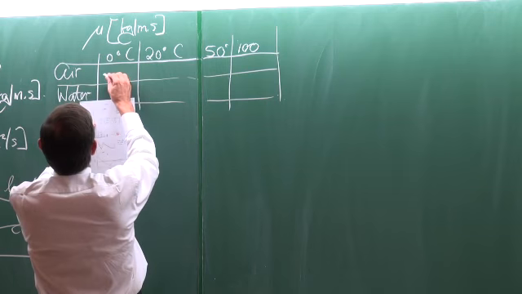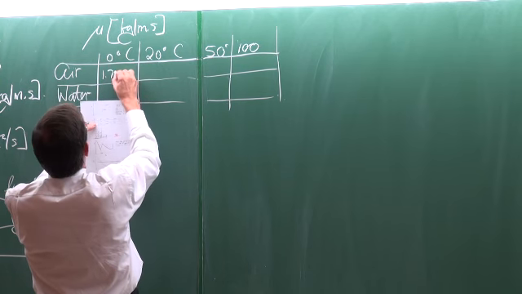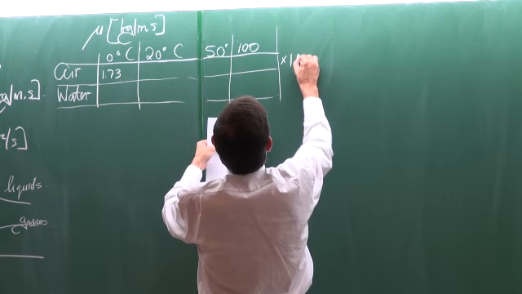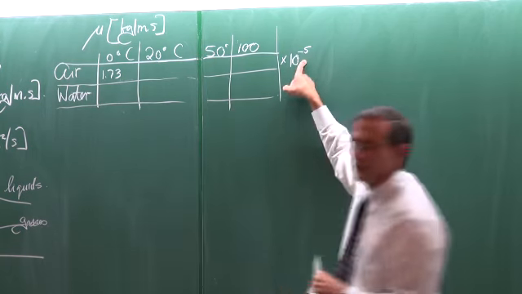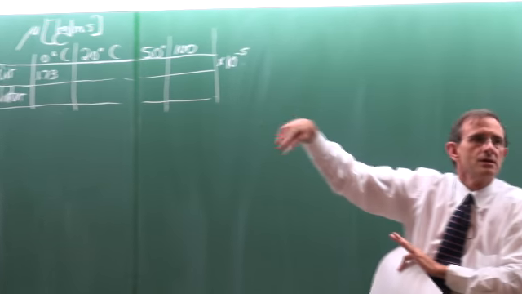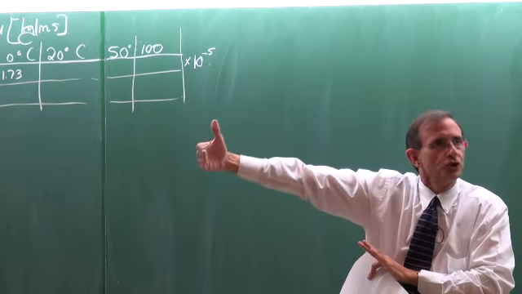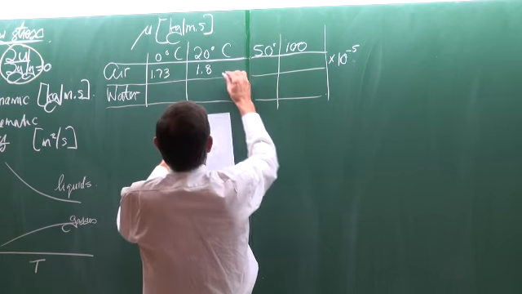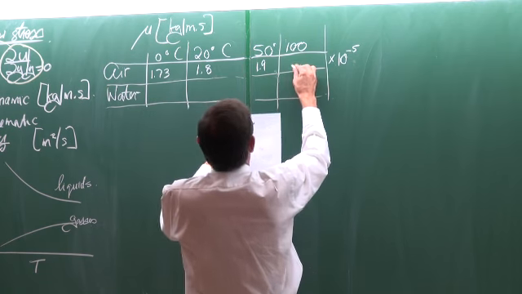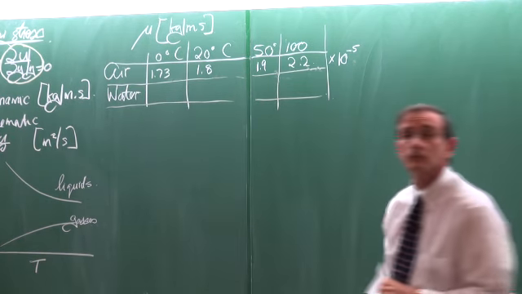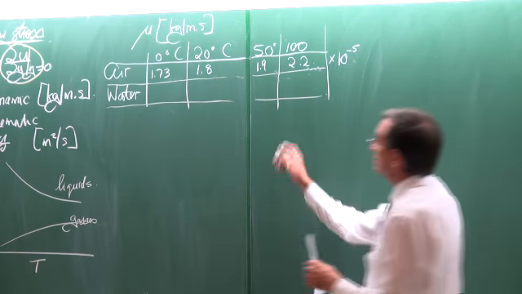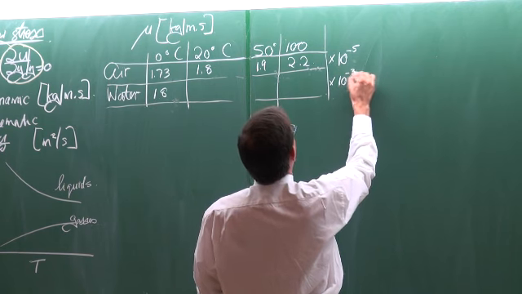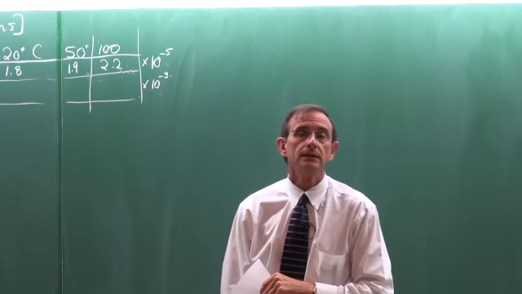So air typically at 0 degrees Celsius is equal to 1.73, everything multiplied by 10 to the minus 5. I do not want to add the 10 to the minus 5 for each term now. So 1.73, then it is equal to 1.8, 1.9, and 2.2. And for water, it's typically 1.8, and it would now be every term multiplied by 10 to the minus 3.